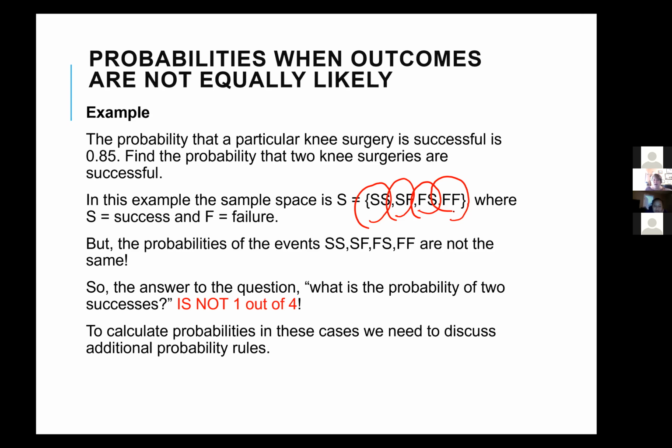So the probability of getting 2 successes, what do we have? 1 outcome is not a fourth, because these four outcomes are not equally likely to happen. A success in this surgery is more likely than a failure. So it's not a 50-50 chance. Would you do surgery if it's? I wouldn't. So we need to talk about additional probability rules to be able to do this example.